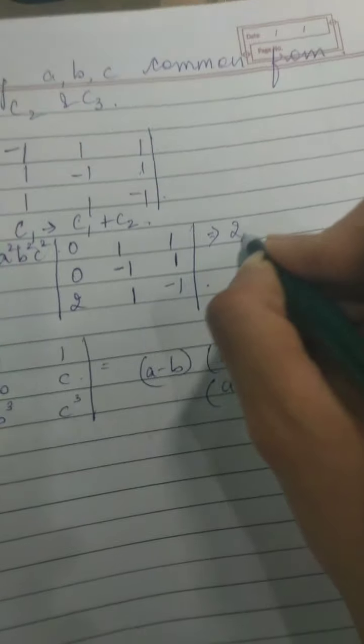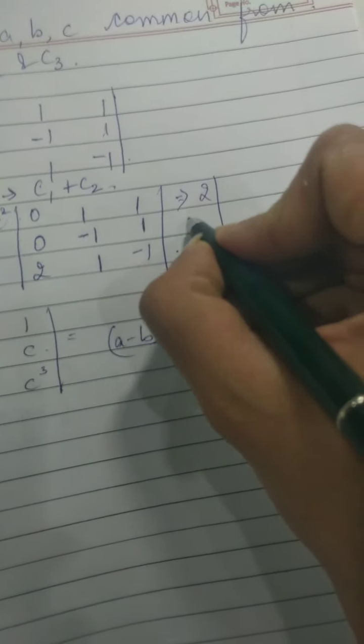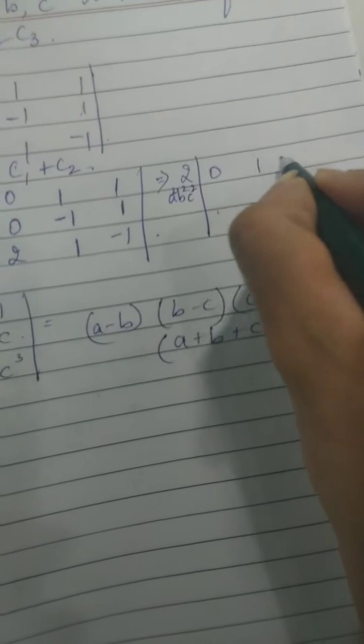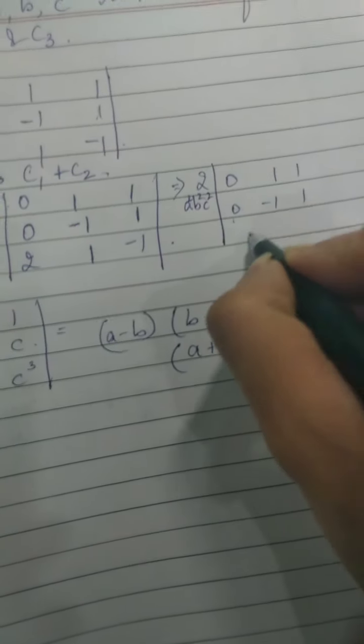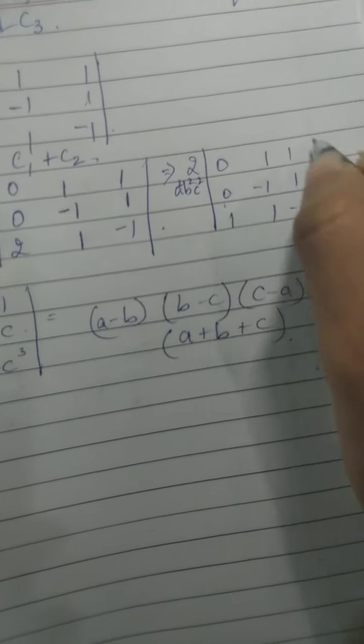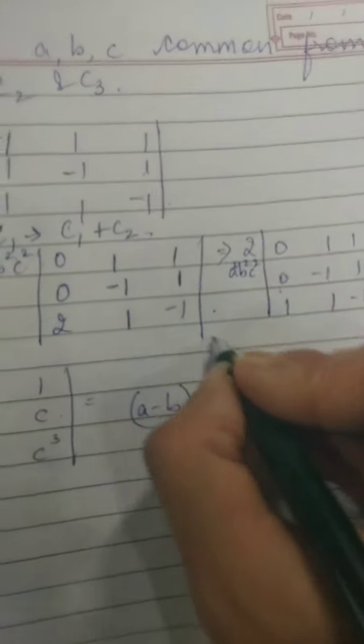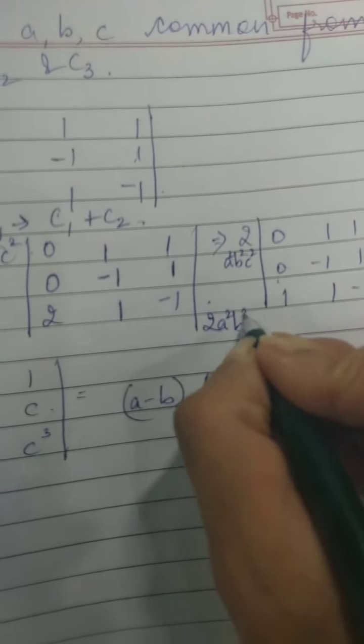So if I take 2 as common, what do I have? 2A square, B square, C square. And here 0, 1, 1, 0 minus 1, 1, and here 1, 1 minus 1. Right? Now what can we do? We can simply expand. So we get 2A square, B square, C square.